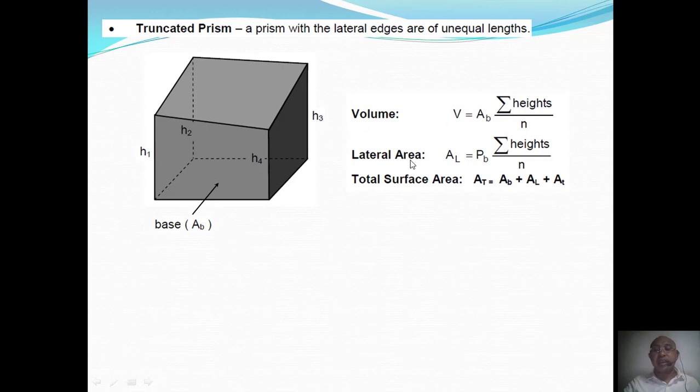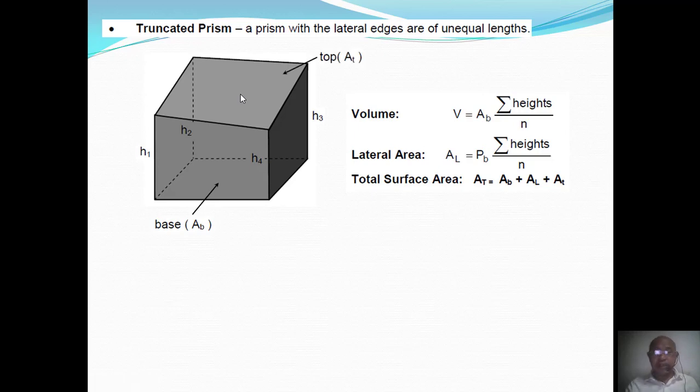Then the lateral area is equal to perimeter of the base times the average of the heights. Then total surface area, so lateral area plus area of the base plus the area of the top.